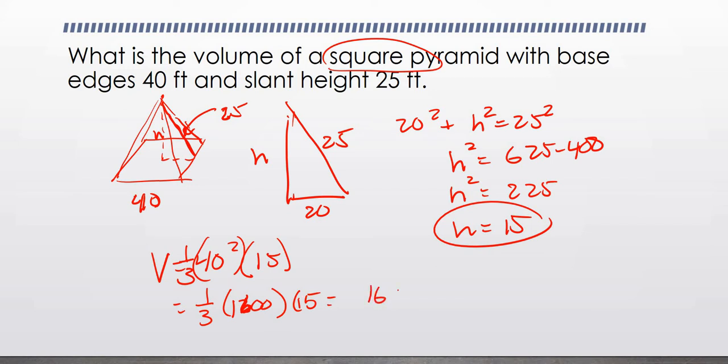So that's 1600 times 5. 1/3 of 15 is 5. And we get 8,000. And that's going to be cubic feet. So again, find the actual height of the pyramid, not the slant height, and then use your formula.